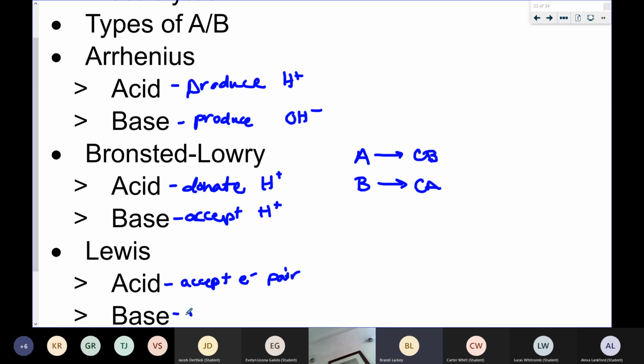The base is going to be donating that electron pair, which forms that covalent bond. So those we didn't have to identify. Those are going to be more of our larger organic substances, but they could still be acidic or basic.